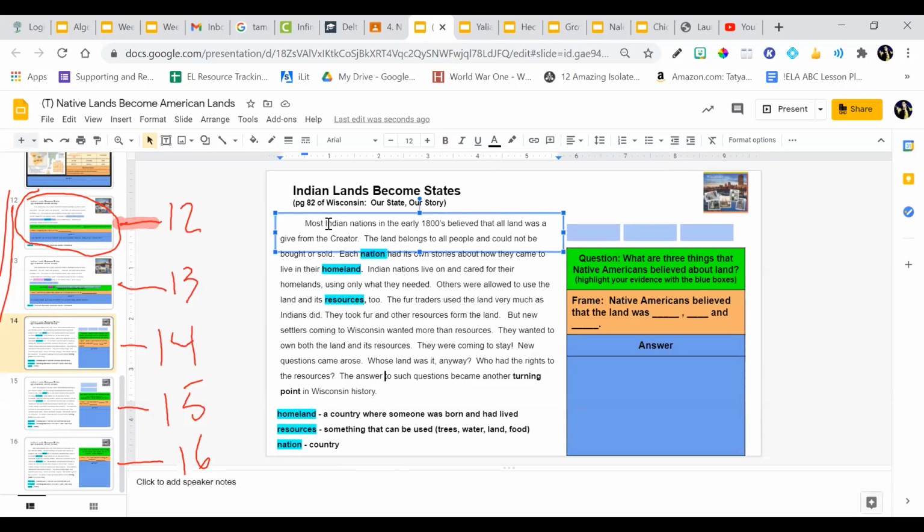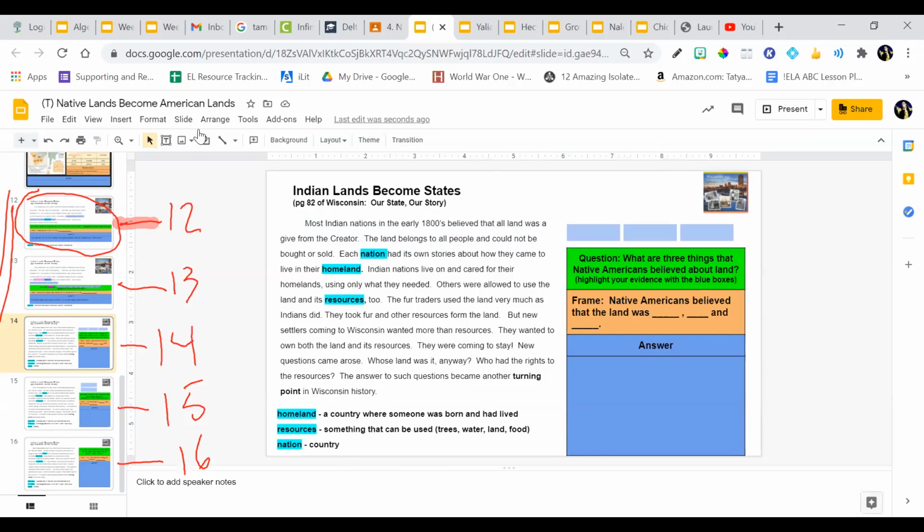Okay, so let's start here. It says most nations in the early 1800s believed that. Let me use my spotlight. Can you guys see my spotlight? Yes. Okay, so it says most Indian nations, and a nation is like a country. Most Indian nations in the early 1800s believed that all land was a gift from the Creator.